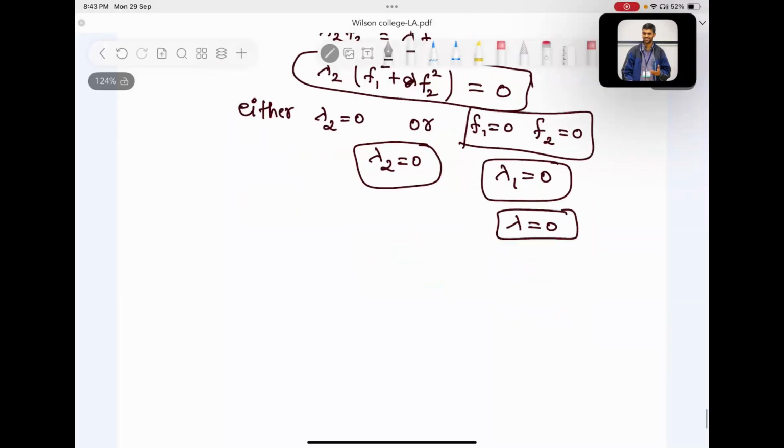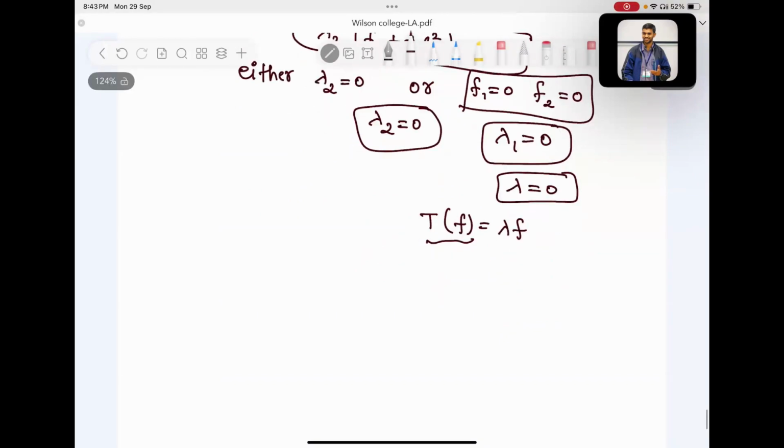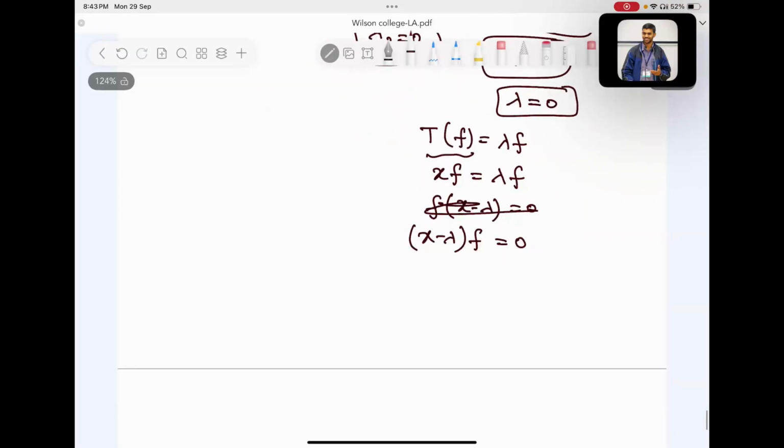Now, T of f is equal to lambda of f. What is the value of T of f? x into f is equal to lambda f. Now f times (x minus lambda) is equal to 0. Right.